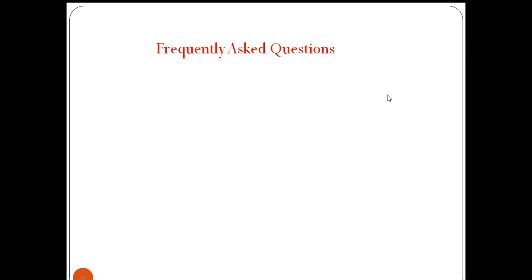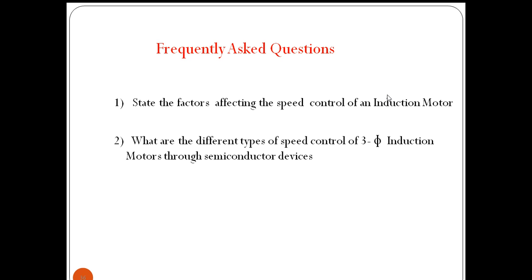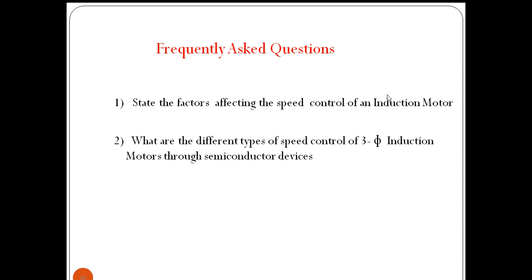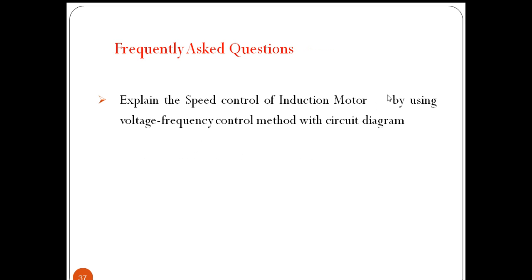So in our examinations, they are frequently asking questions like: state the factors affecting the speed control of an induction motor. What are the different types of speed control of three-phase induction motor using semiconductor drives? Explain the speed control of induction motor by using voltage frequency control method using circuit diagram.